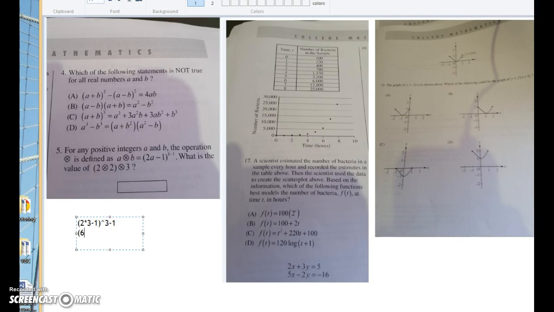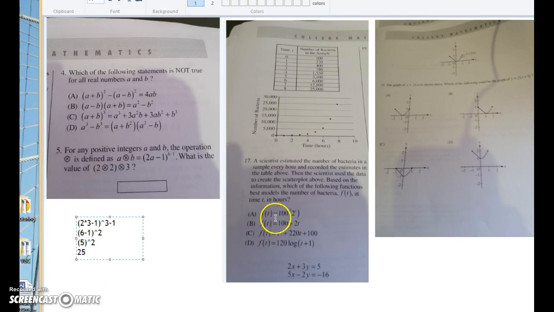We get 2 times 3, which is 6, minus 1 inside the parentheses, and on the outside the exponent is 3 minus 1, which is 2. So 6 minus 1 on the inside of parentheses gives us 5. The exponent is 2. So we know what 5 squared is. 5 squared is simply 25. So the answer for that should be 25.